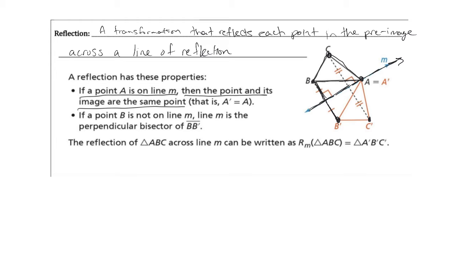The reflection of triangle ABC across line M can be written with a large R that says the reflection. Make sure it's a capital R, because lowercase is going to be rotations. M is the line of reflection, then you have your original triangle ABC, and triangle A prime B prime C prime as your image.